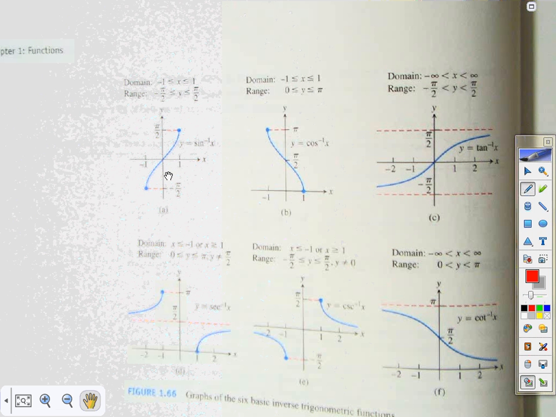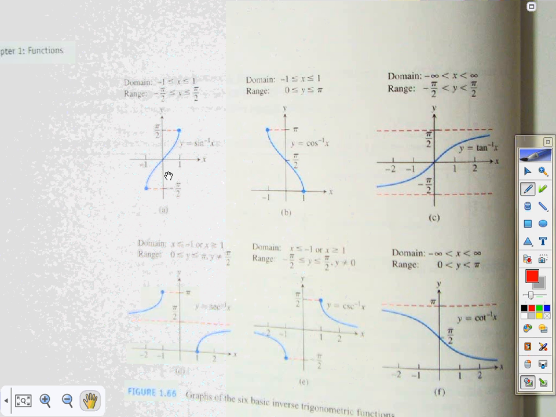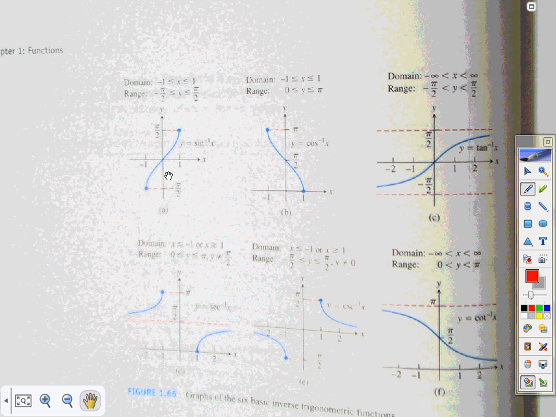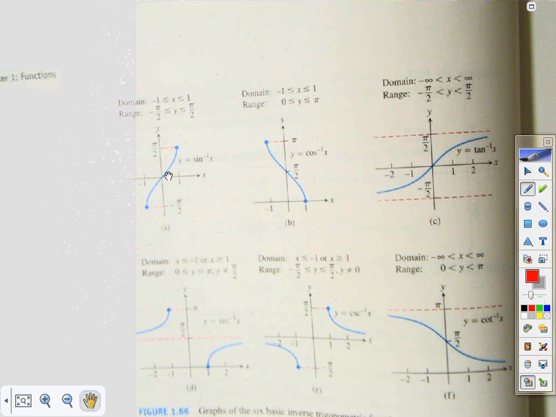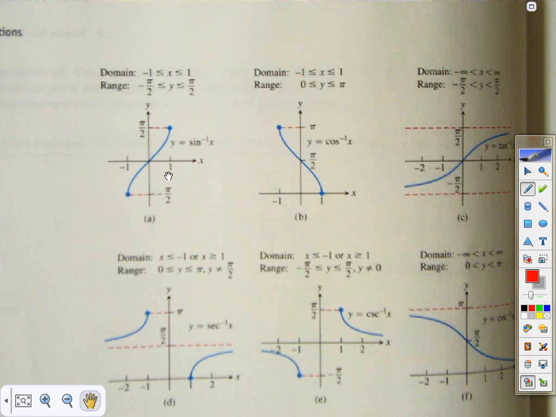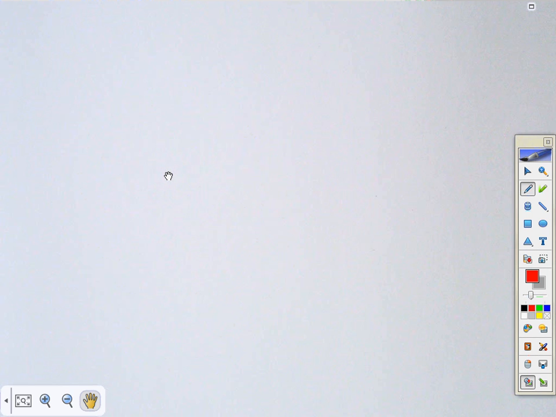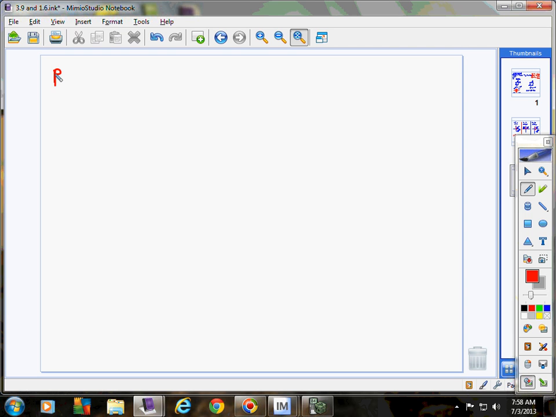Now in your book you have the definition. Yeah, in the middle of the page later, they give you a little more for those.